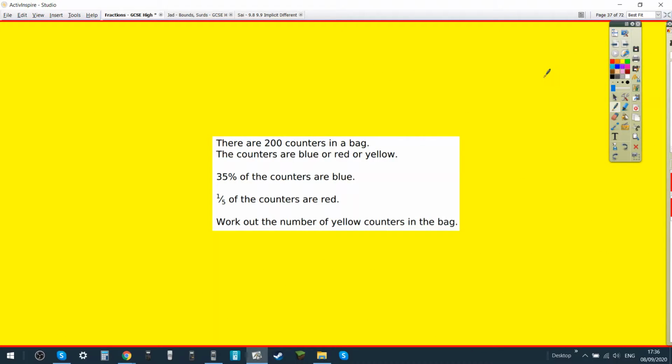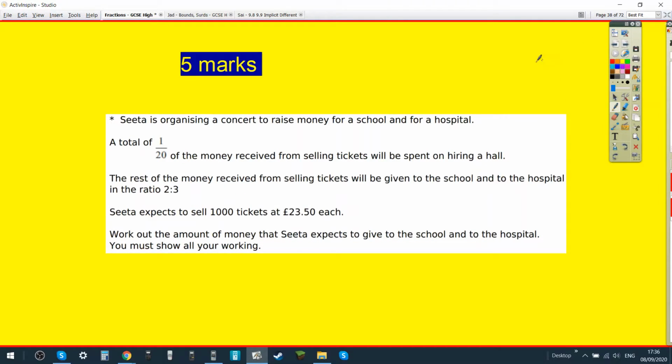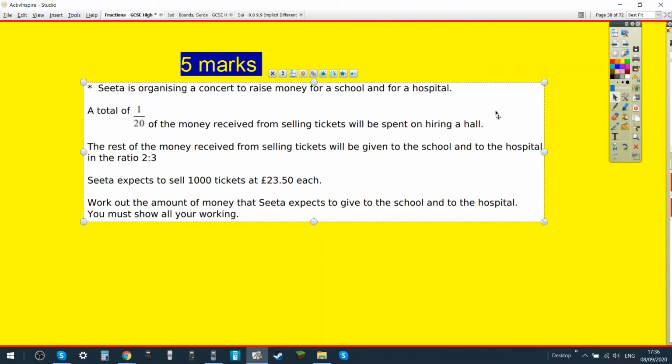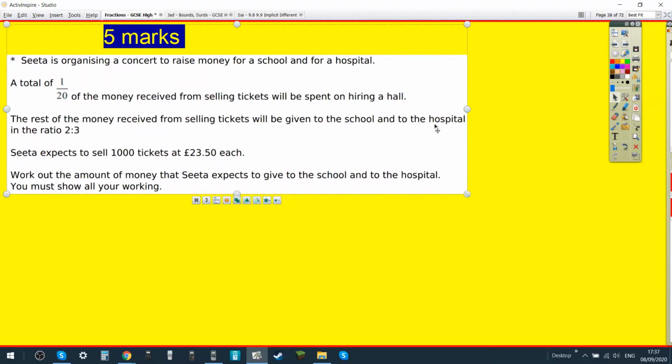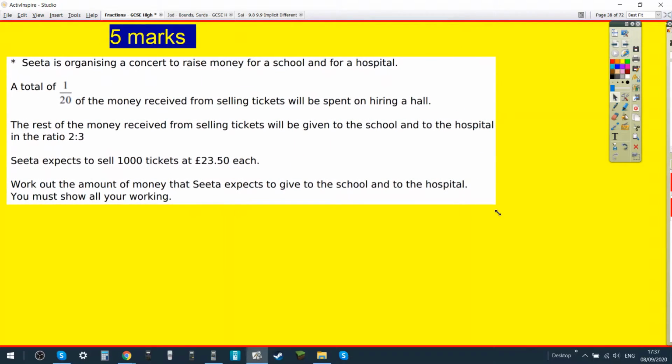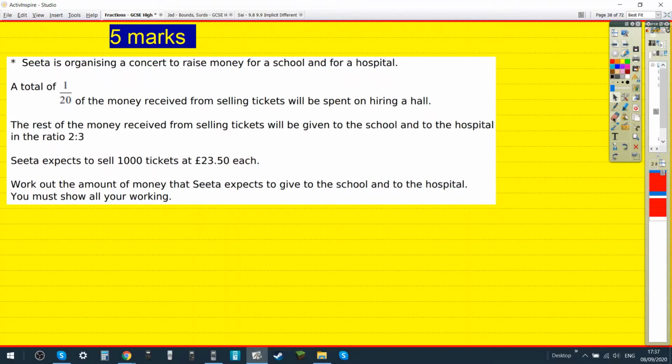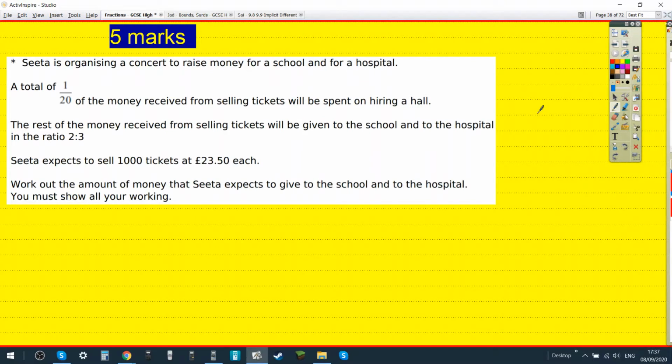Let's see, 200 counters. That one's going to be okay. All right, 5 marker. Let's try this. What comes that to raise money for school and for hospital? 20 of the money is needed for some.